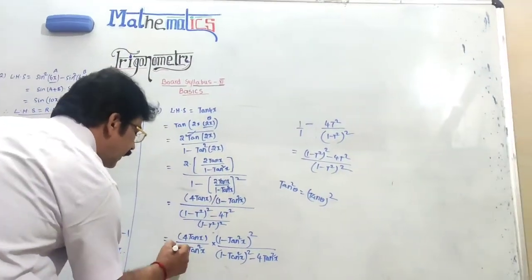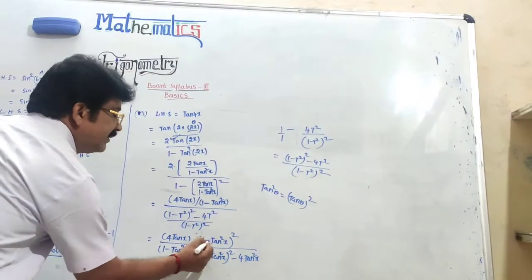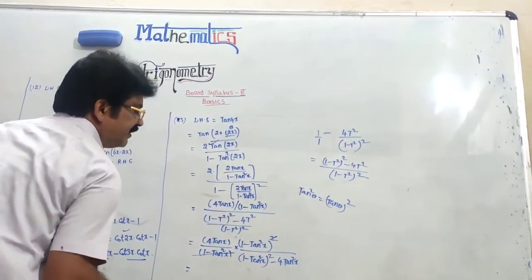So that is equal to, it is x square. Therefore, one x cancels just like that.